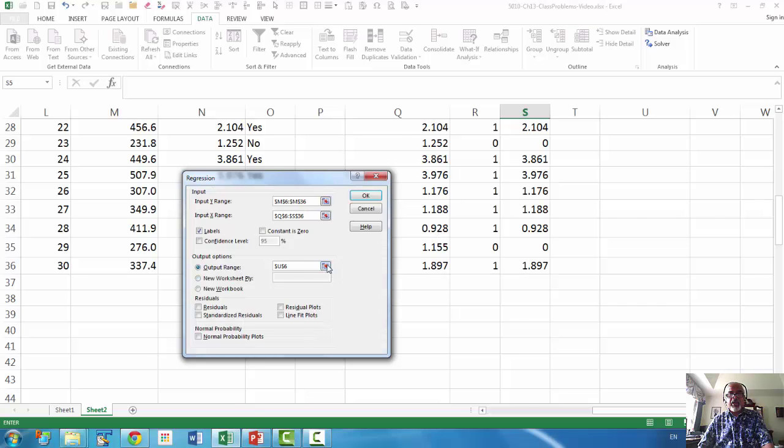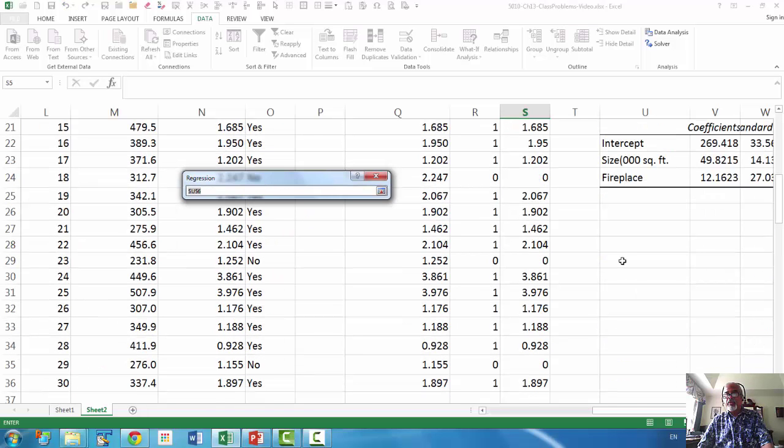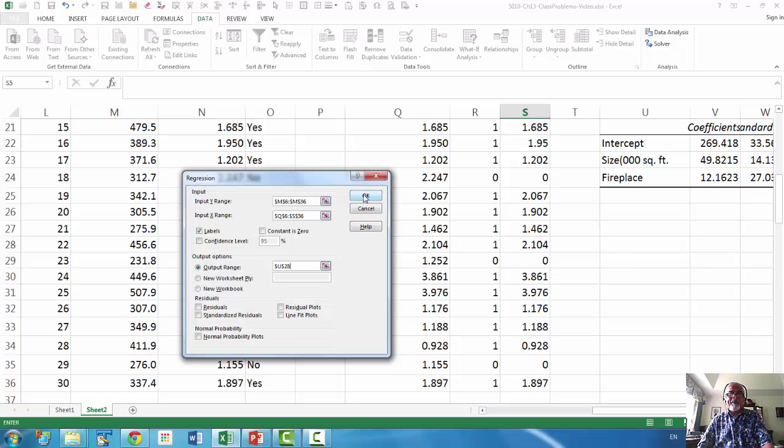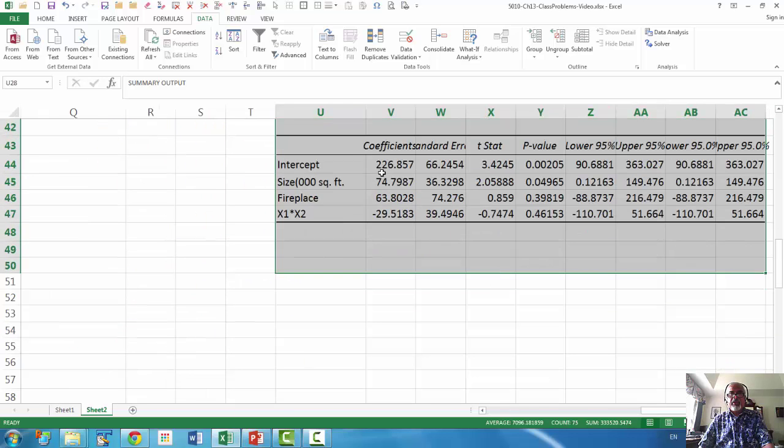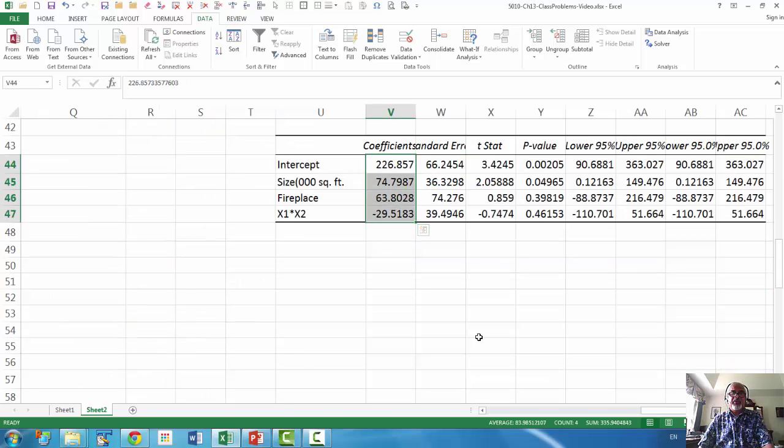And let's put the output over there. Okay, so now here are the estimates: b sub 0, b sub 1, b sub 2, b sub 3.